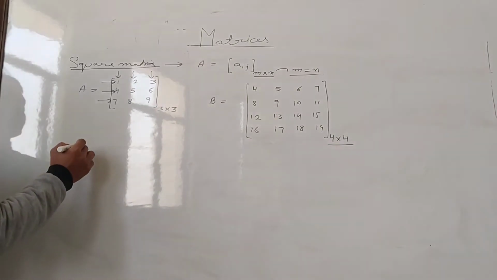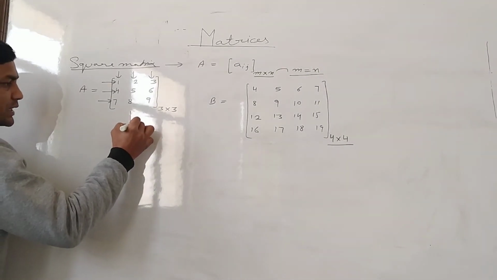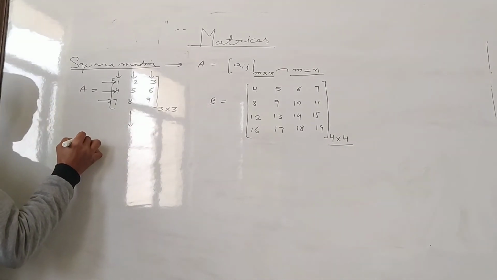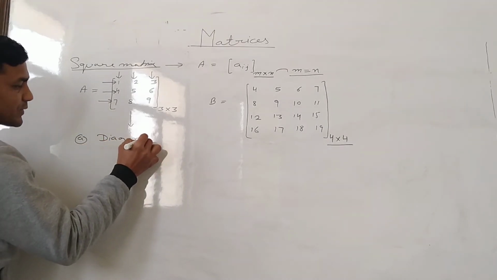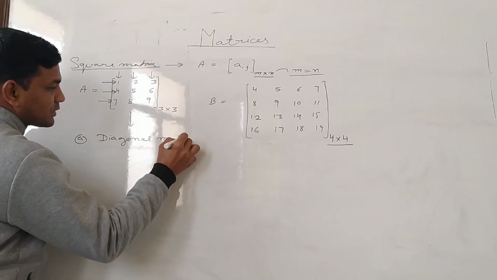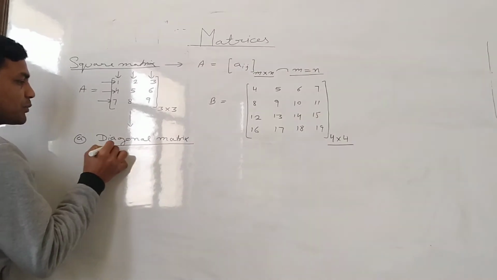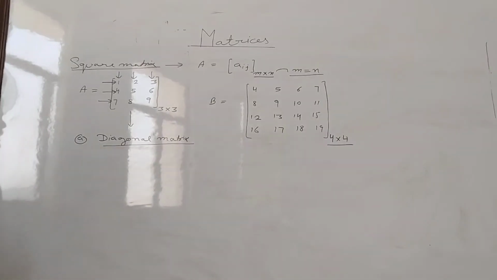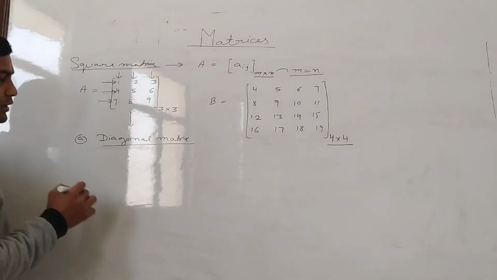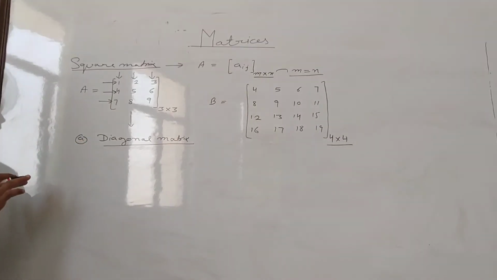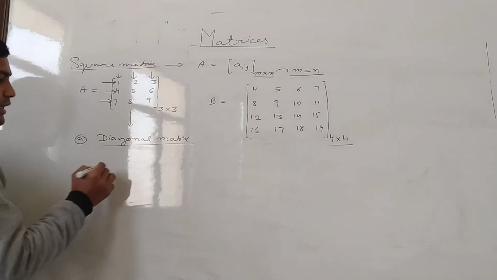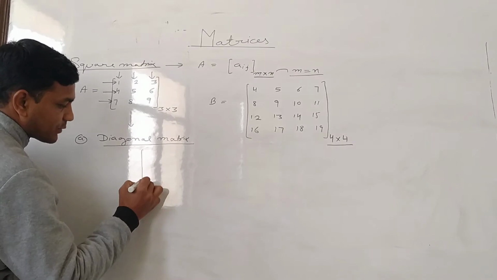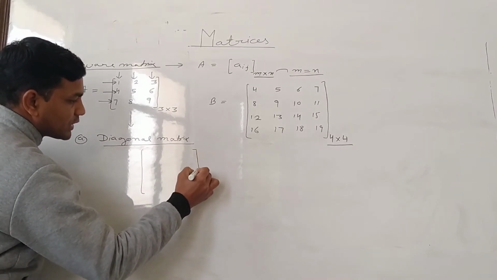Now some important types inside the square matrix. First is the diagonal matrix. Basically, a square matrix is a diagonal matrix if only the diagonal elements are present and all the others are zero.